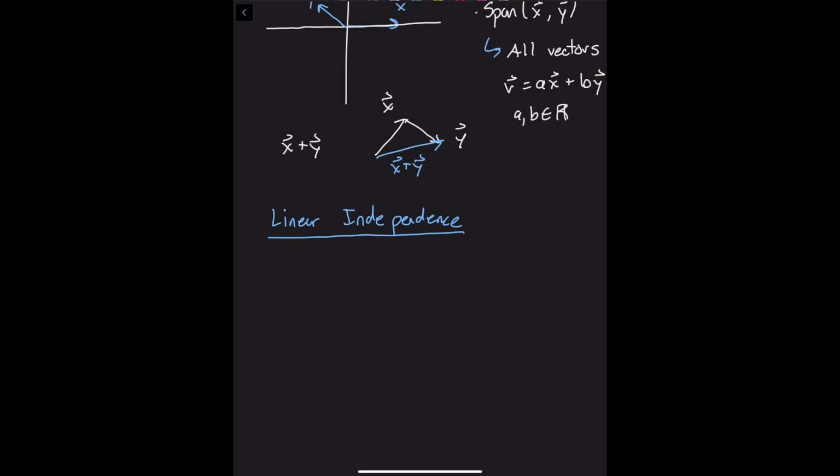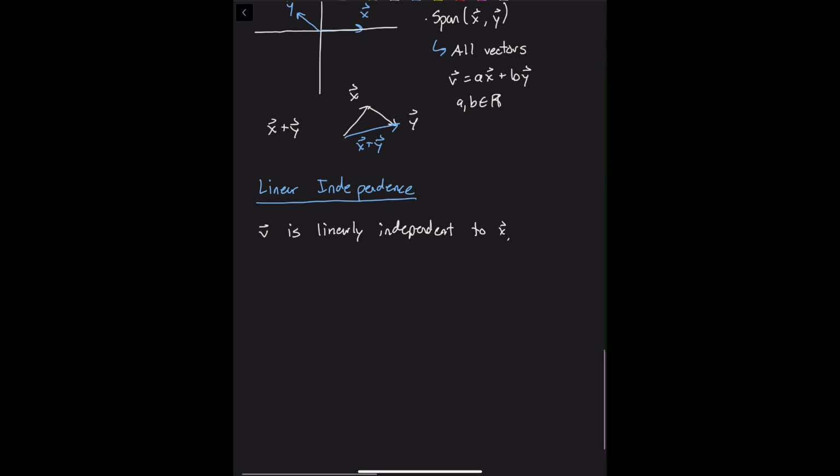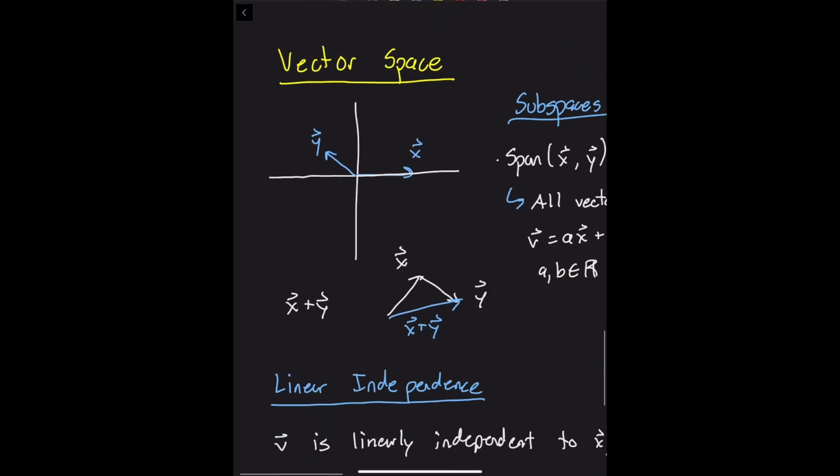So if v is linearly independent to x, then no matter what I try to do to x, I can't get v by just doing a scalar multiple of x. For example, y is linearly independent to x because no matter how many times I add or subtract x, I'm not going to get to y. I'm just going to stay on that plane.